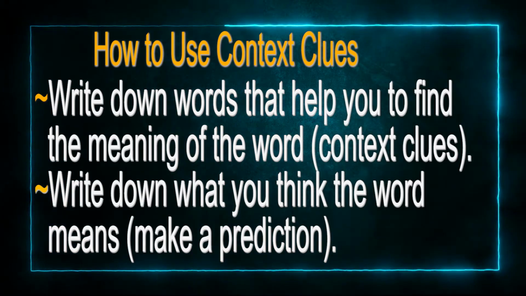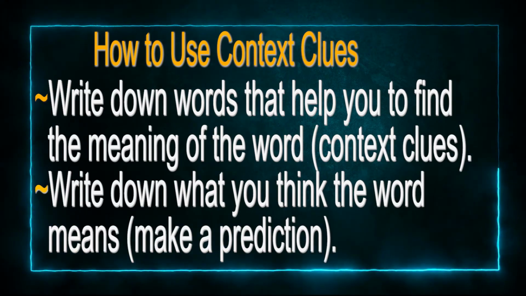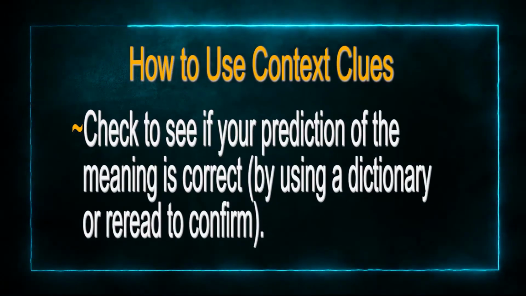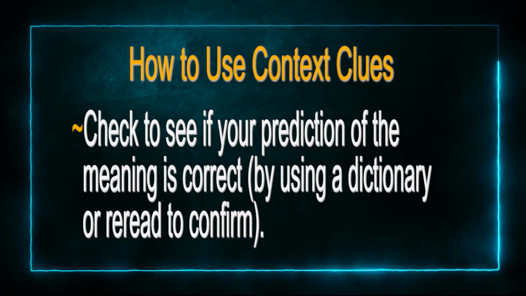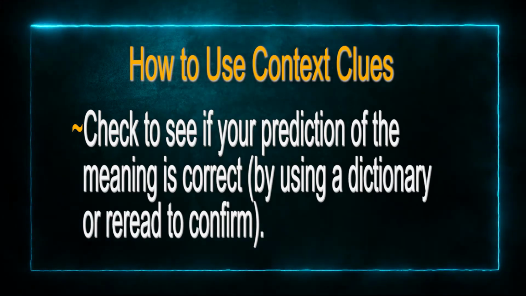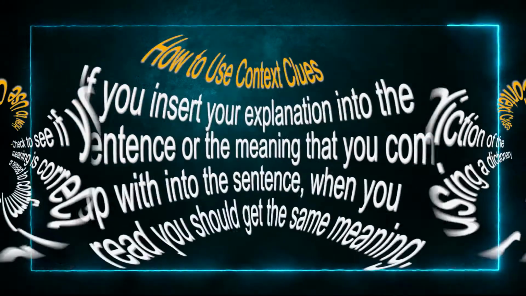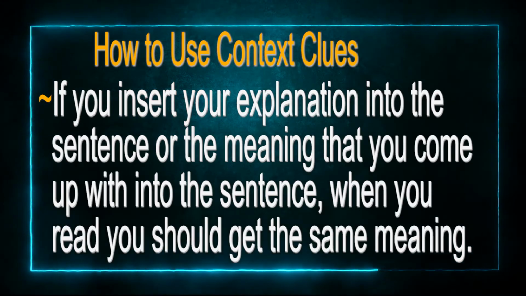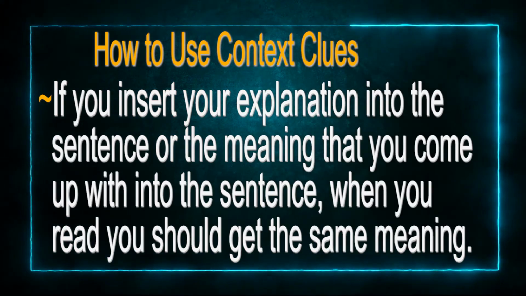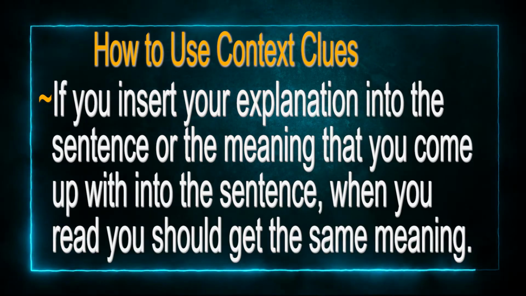Write down what you think the word means, and therefore you are making a prediction. Then you can check to see if your prediction of the meaning is correct, yes, by using a dictionary, or you can just reread to confirm.